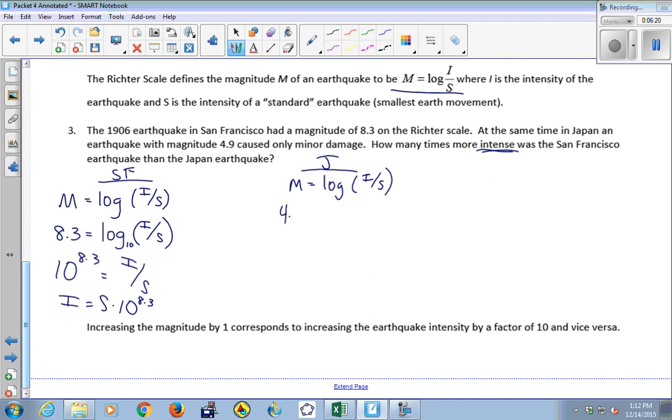So I've got 4.9 equals the log of I over S, and I want to solve for I. So I start by switching to an exponential equation. There's a little hidden base of 10 there, so this says 10 to the 4.9 equals I over S. Multiply both sides by S, and the intensity of the earthquake in Japan is S times 10 to the 4.9.